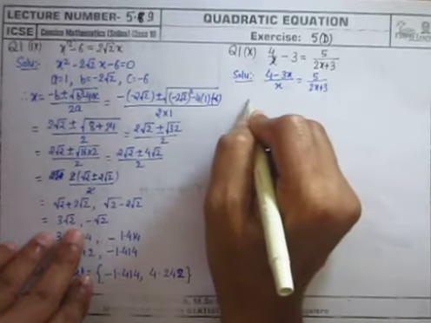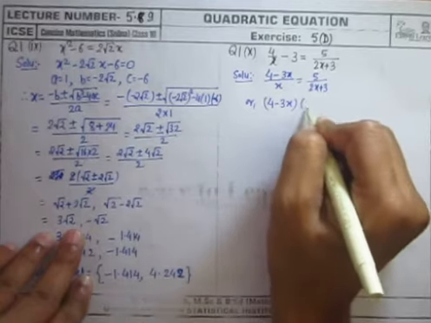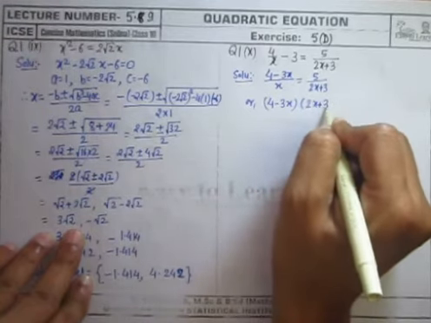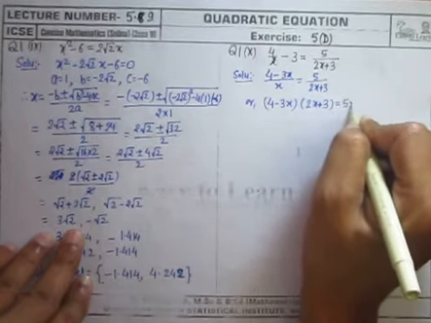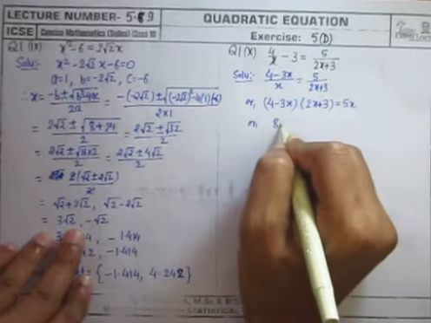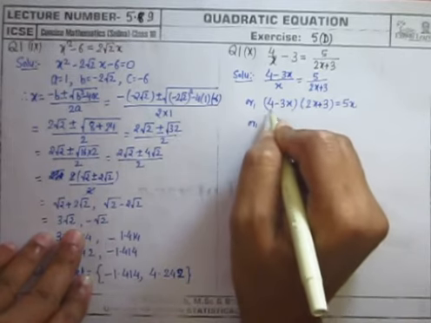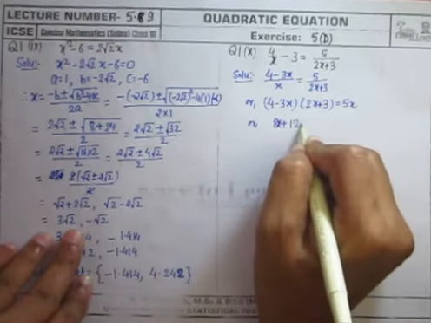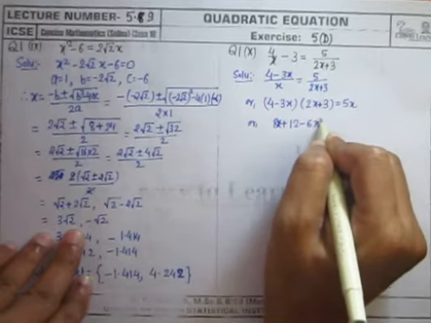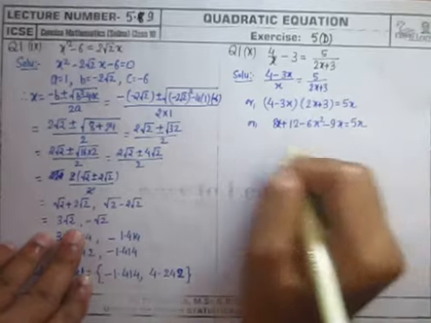Now cross multiply: 4 minus 3x into 2x plus 3 is equal to 5x. 4 2s are 8 plus 4 into 8x, 4 into 3 is 12, minus 6x square minus 9x is equal to 5x.